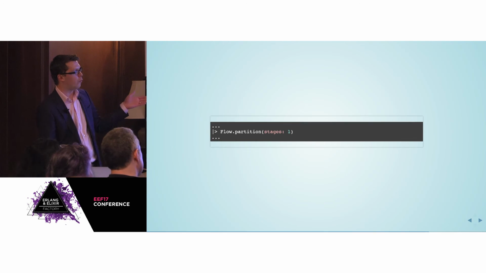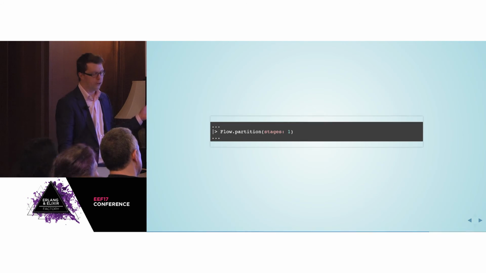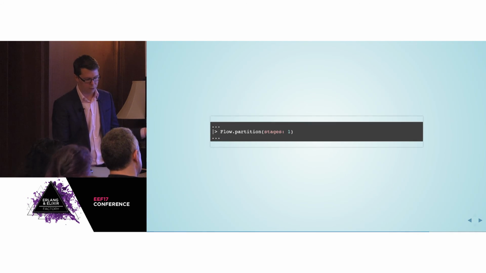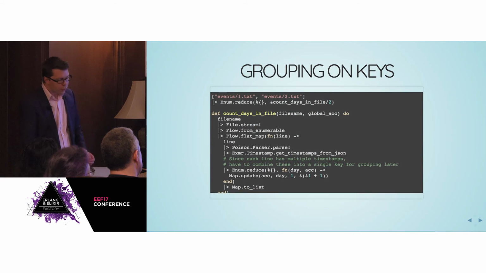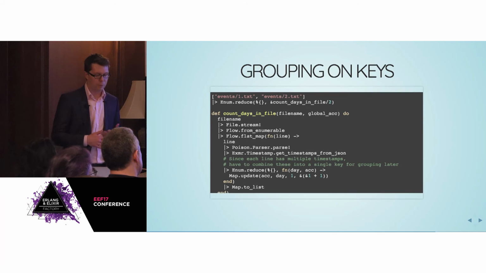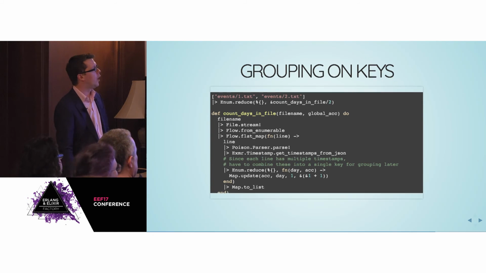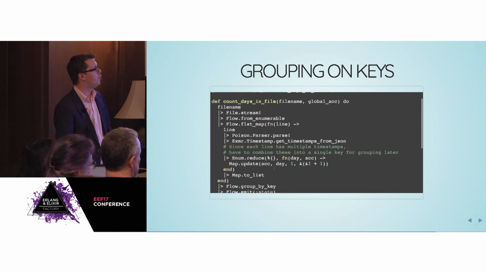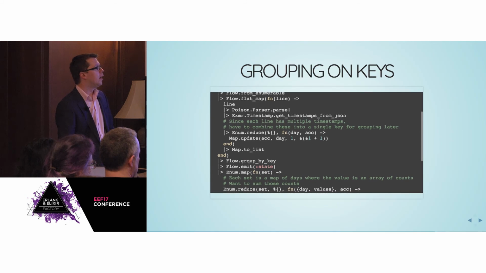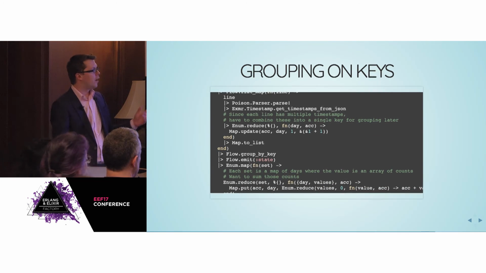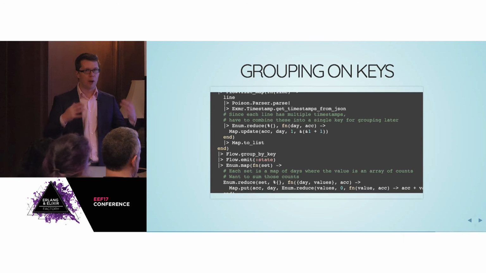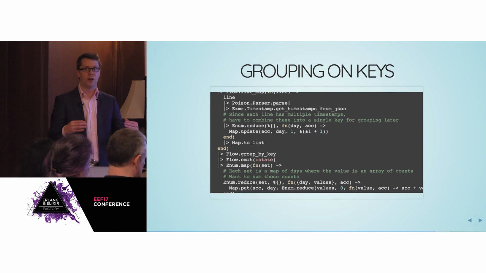So it was similar to me saying, please just partition it over one stage, which is basically saying, don't make this concurrent. But there are a lot of other functions available in Flow, and I was able to get around the problem by using group_by_key, since we're grouping by the key of the timestamp. And then I use flow emit to just dump out the state of each of the map stages.